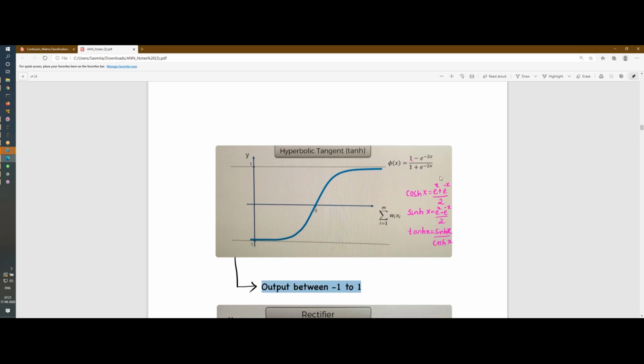What is tanh? sinh divided by cosh. I don't want to go into so much detail, so you can remember the formula: (1 minus e to the power of minus 2x) divided by (1 plus e to the power of minus 2x). This is my tanh, the hyperbolic tangent function.